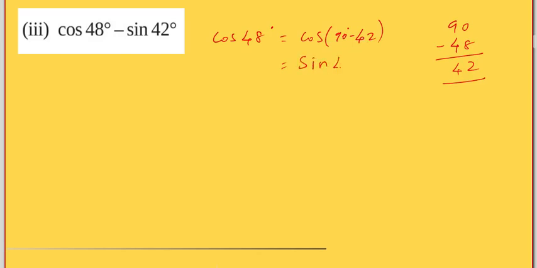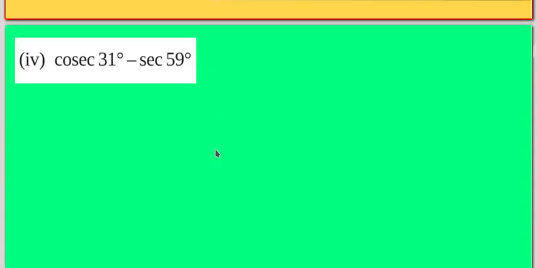So cos 48 equals sin 42. In place of cos 48, we can write sin 42. Sin 42 minus sin 42, the second we keep as it is. Both are the same, and if we subtract, they cancel. Sin 42 minus sin 42 becomes 0. Okay, next one.